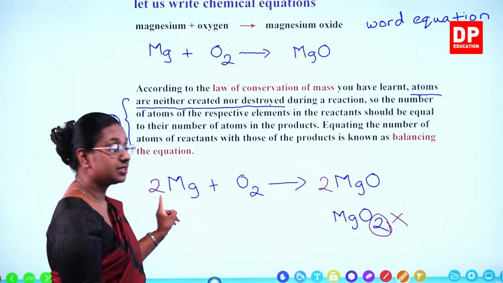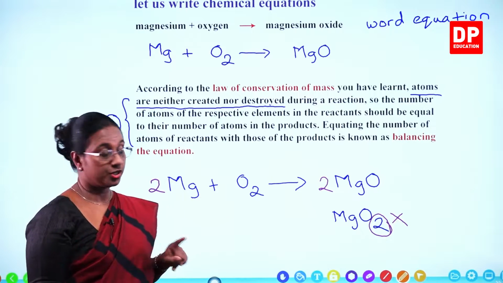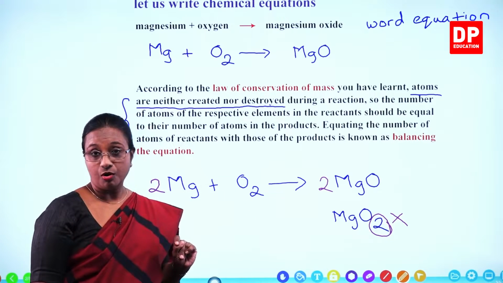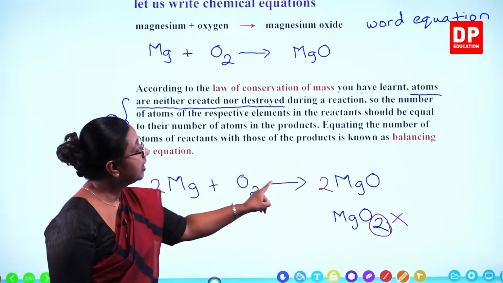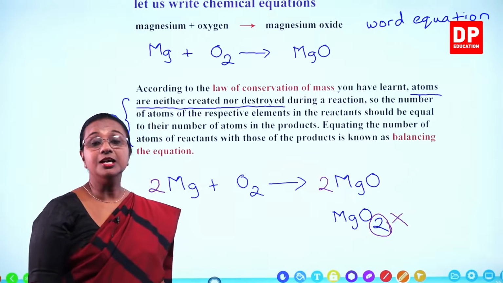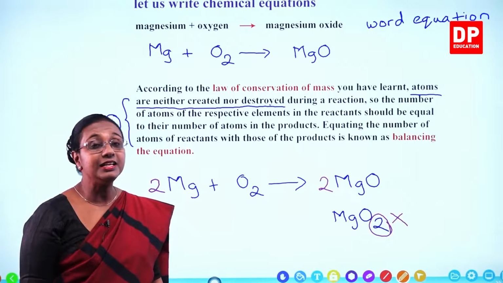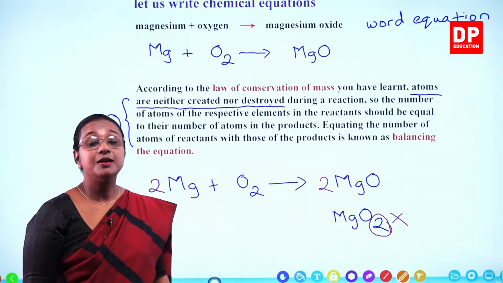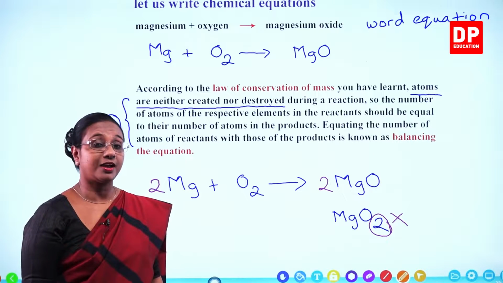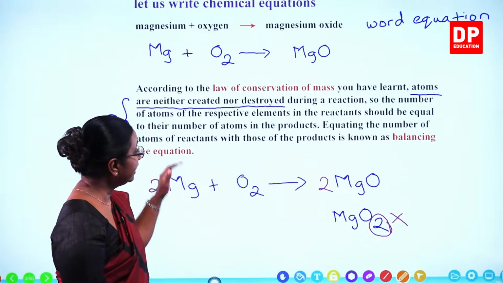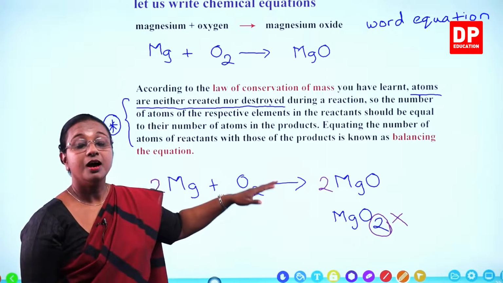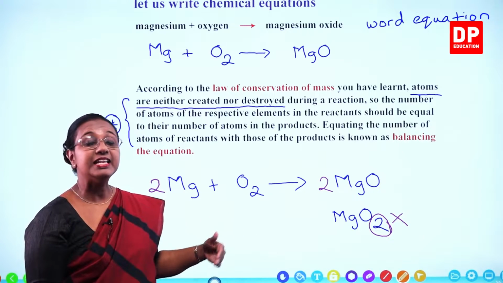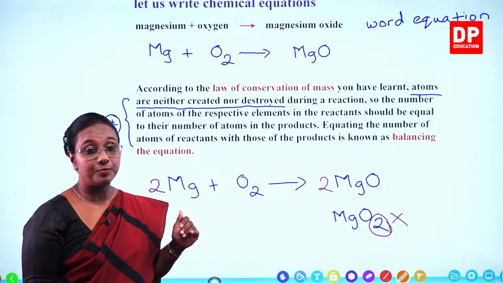That's how we read the equation: 2 Mg, or 2 magnesium, plus O2, oxygen gas, gives rise to 2 MgO. Is that clear, students? Like this, we can write many chemical reactions. I will again go through this reaction, how to balance it using the inspection method, and then thereafter we will do some more examples.